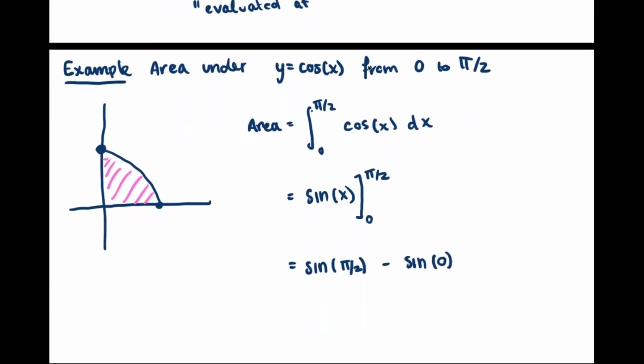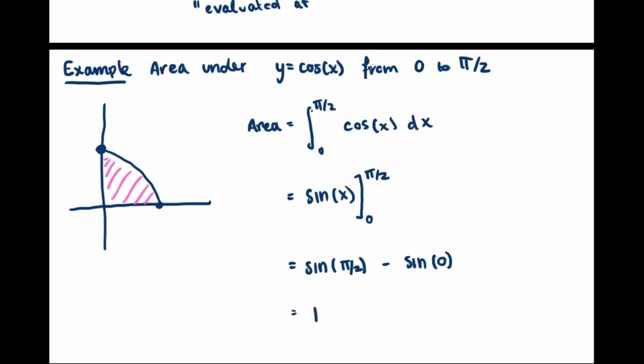What is sine of pi over 2? You can picture the unit circle in your head. Sine is the y coordinate, and at pi over 2, that's going to be 1. Then what is sine of 0?